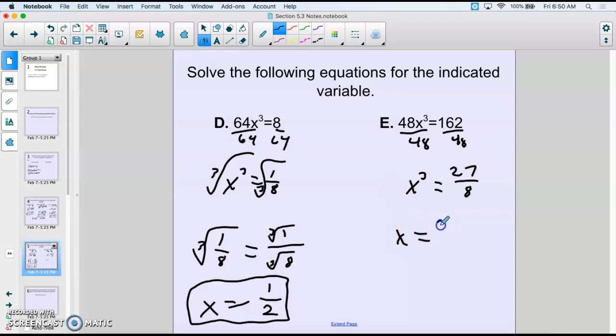We're going to cube root 27. We're going to cube root 8. Again, you can do these on your calculator. These are just good math facts to start to remember. 3 cubed is 27, and so the cube root of 27 is 3. And we just found out that the cube root of 8 is 2, and so in this case it would be 3/2.